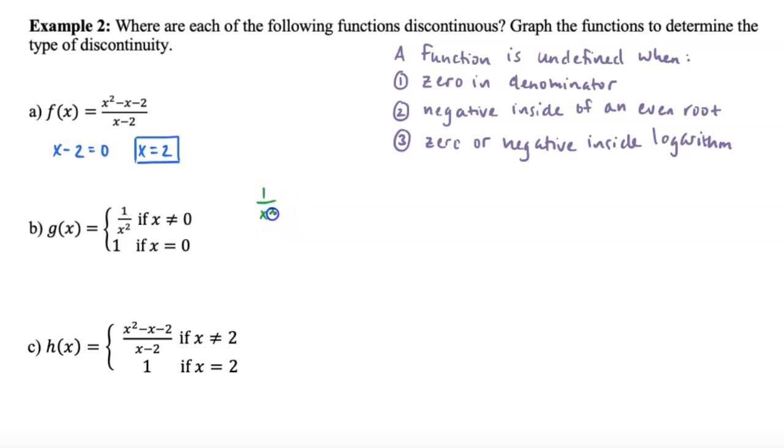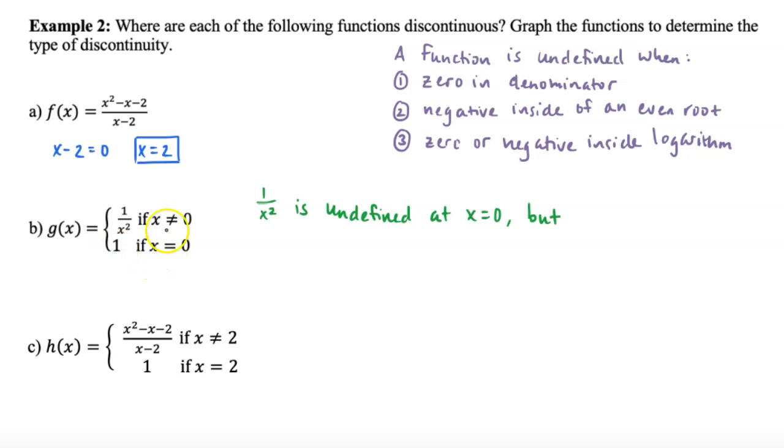Yes, 1 over x squared is undefined at what value will give us a 0 in the denominator? 0. It's undefined at x equals 0. But this is where the second piece of this function comes in. I already have that g of 0 is equal to 1.